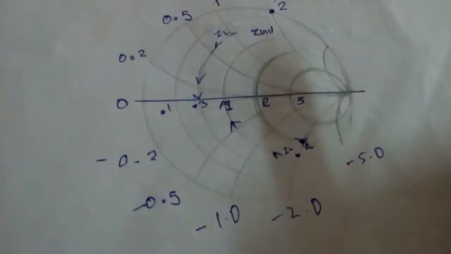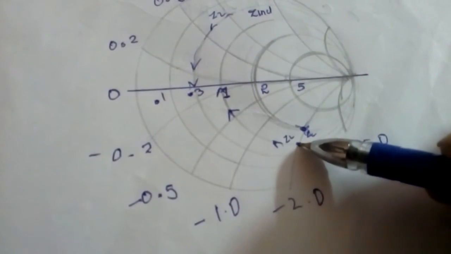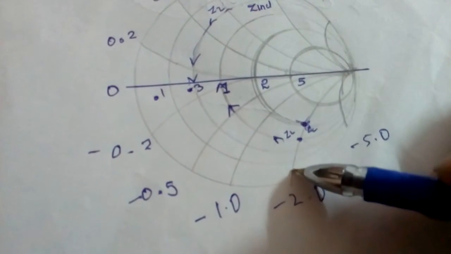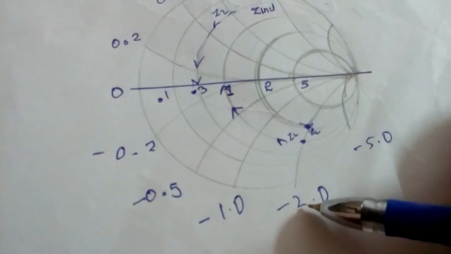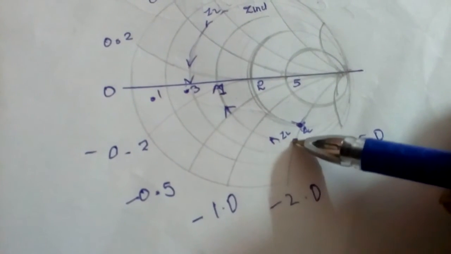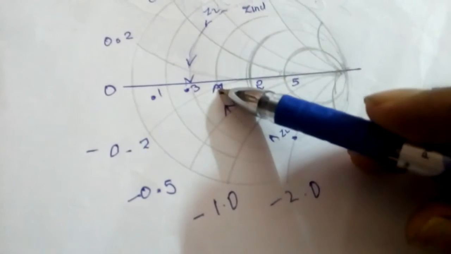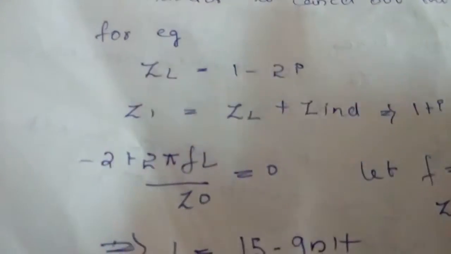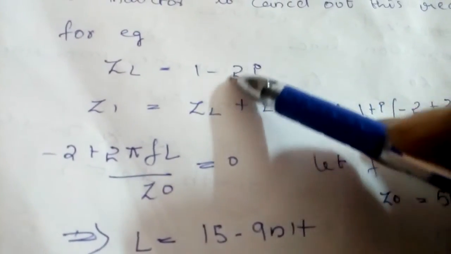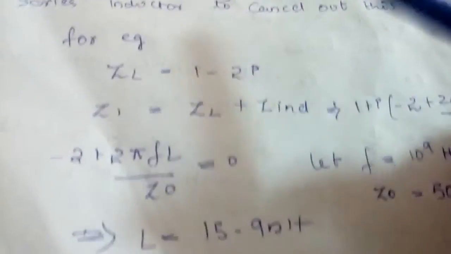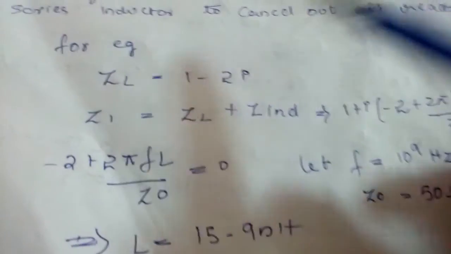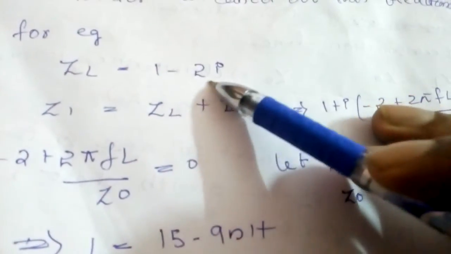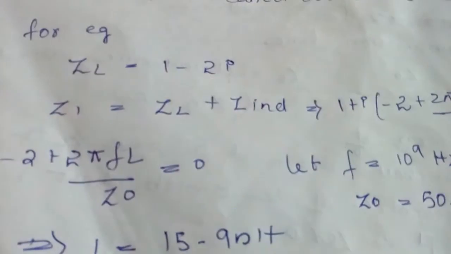In the chart, see, this point is our ZL. We can see this line here, minus 2, which is the reactive part in the example, and this circle line here, 1, which is the real part. So we should find the appropriate inductance to be added in series to cancel out this term and get an impedance that is purely real.